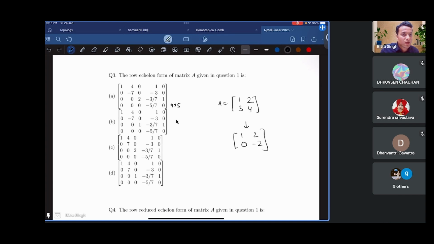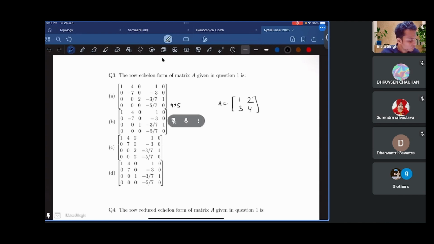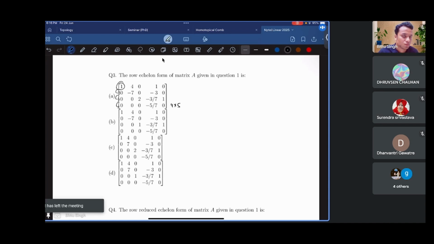Okay, so what we can do is subtract, that is, the first leading entry should be 0. Sorry, suppose this is a leading entry, and after that everything should be 0. For example, rows 2, 3, 4 are 0.